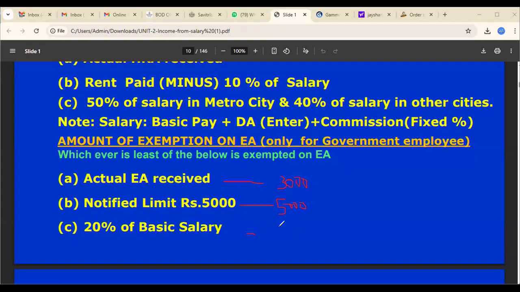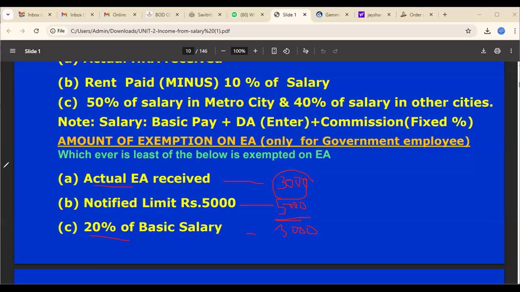So 20% of 15,000 will be 3,000. Luckily, the actual and 20% are the same. So this 3,000 will be exempted, and the extra 2,000 which is allowed is not considered. So for a government employee, the exempted entertainment allowance is only 3,000. For private persons, all entertainment allowance is fully taxable.